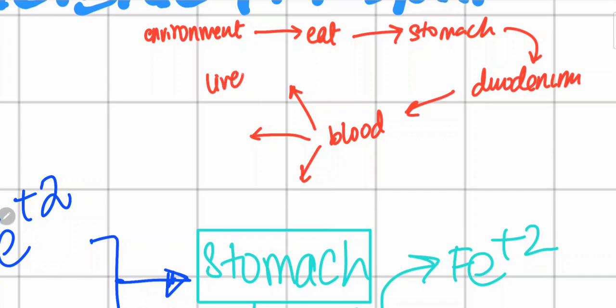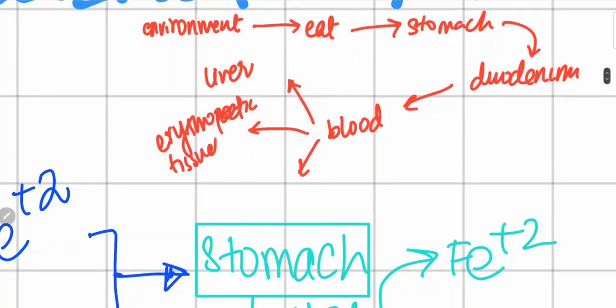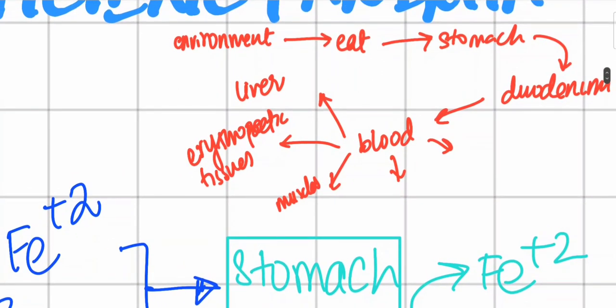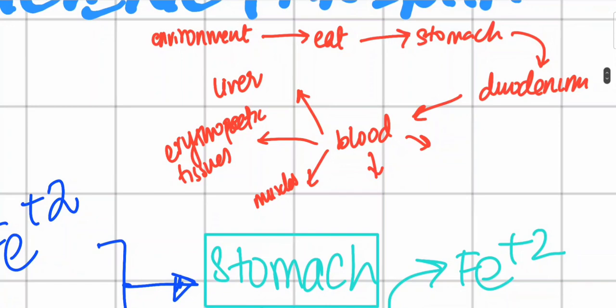It could distribute into liver, to erythropoietic tissues where you make blood cells, and sometimes in muscles and many other areas for utilization wherever it is needed. And so that is the whole thing.